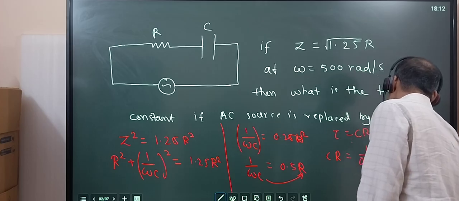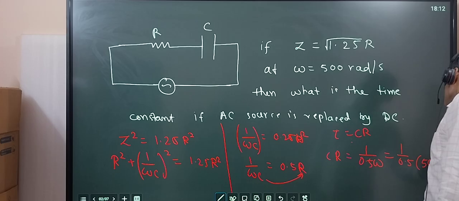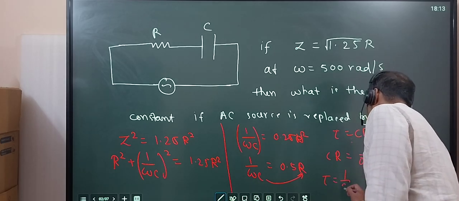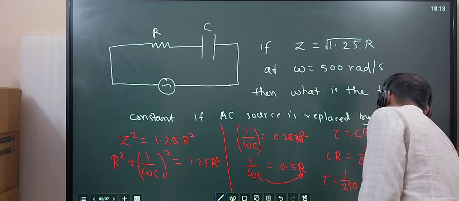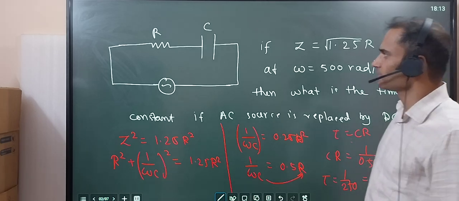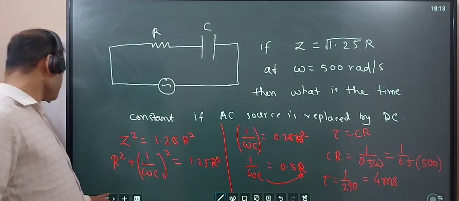Omega value is given as 500 radian per second. So time constant is 1 by 250 second, and we can also write 4 millisecond. Okay, so that is it. That was also an easy question.